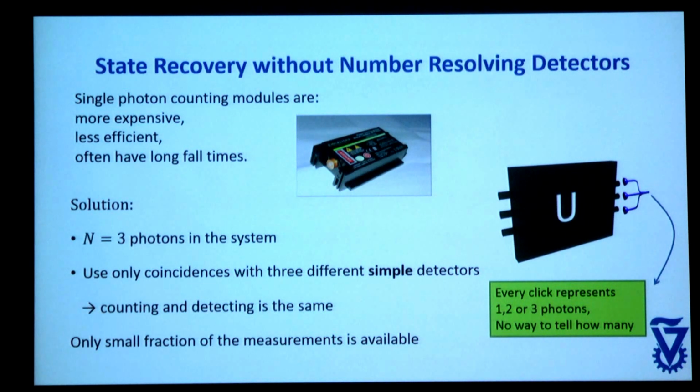Now, in this case, since you have only 3 photons, you know that counting and detecting is the same, because you have 1 photon in every detector. The problem is that you are left only with a small fraction of the measurements, but we know that it's not a problem for us. So we want to recover the state with these simple detectors in a single setup.